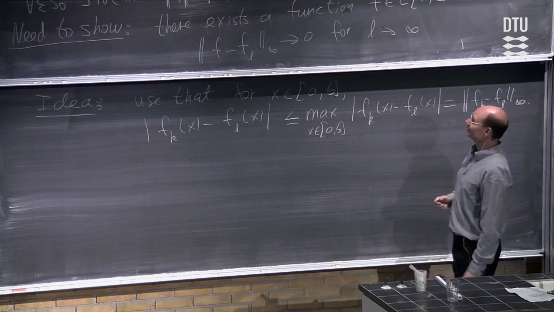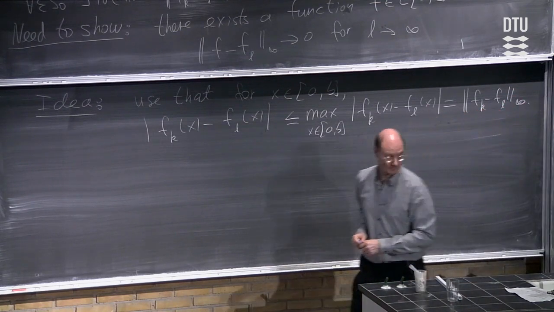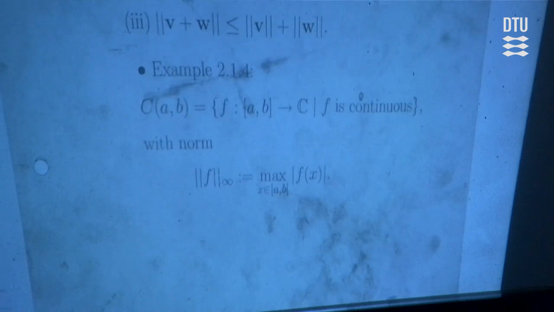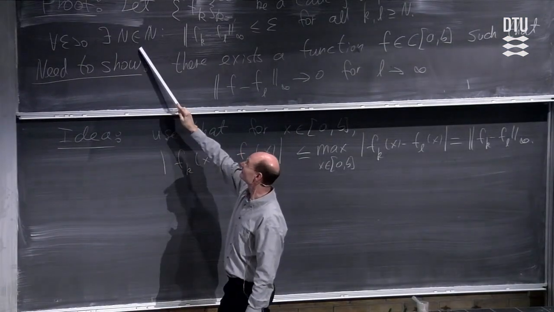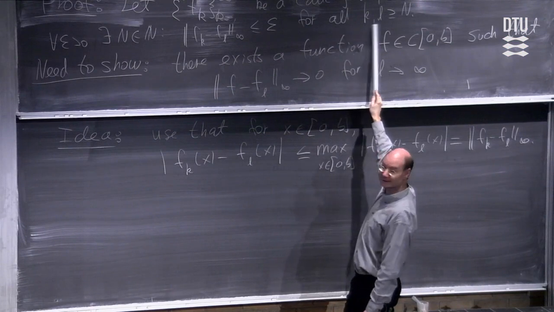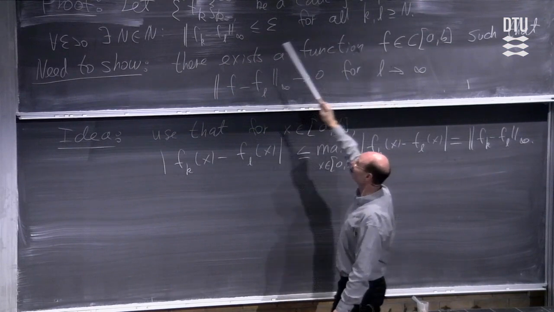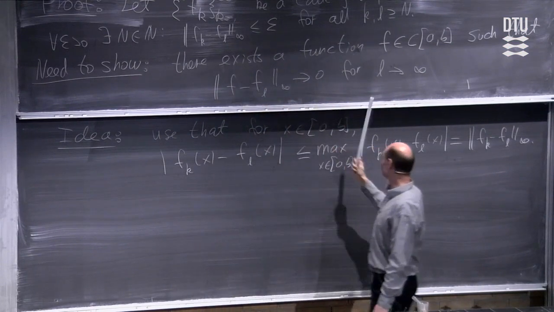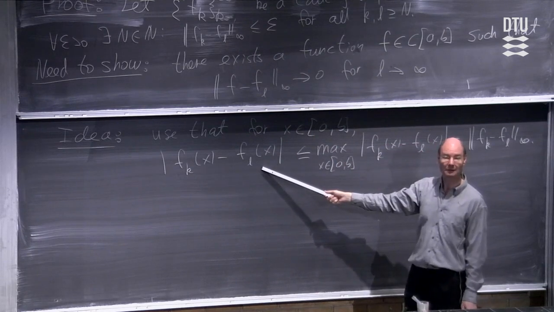So what we get out of it is, we know something about this difference. We know for all epsilon greater than 0, there exists an n such that this difference is smaller than epsilon for all k and l greater than n. But this one is greater than what we have here.